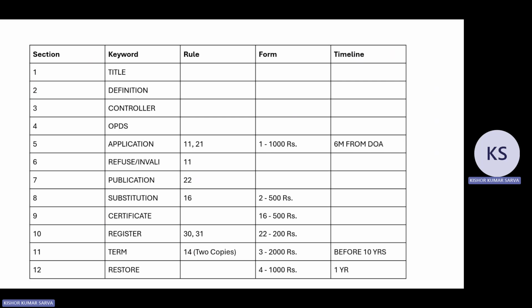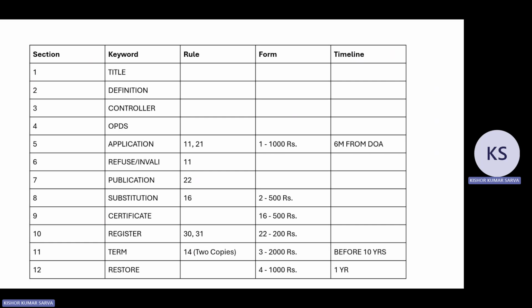But if the design has lapsed, you can request restoration of the lapsed design. That can be done by using form number 4. If you submit form number 4 within 1 year from the lapsed date, then you can do restoration.